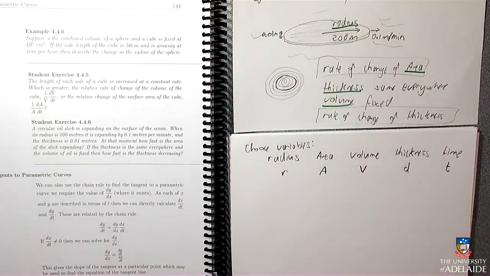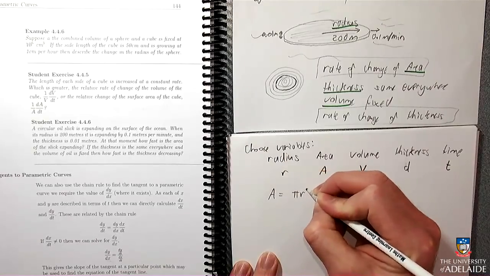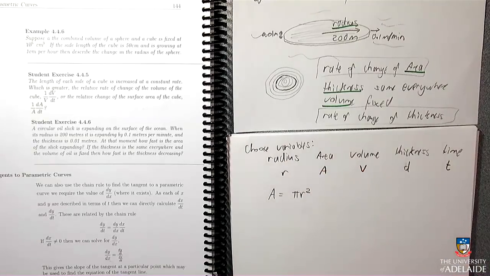So, rates of change are derivatives. And so I need to know how these things are related to each other before I can know the derivatives. So how is radius related to area? I can do that for a circle. That's definitely true.